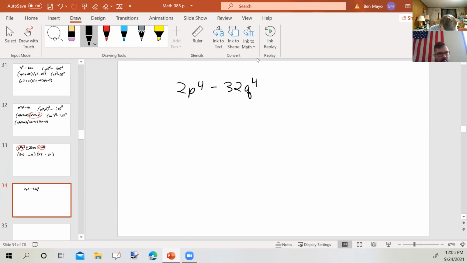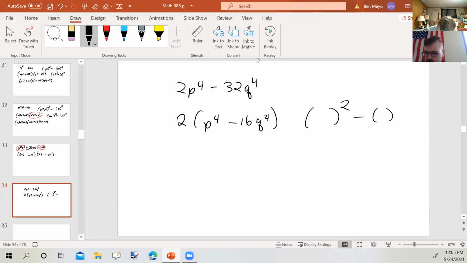Take out the greatest common factor. Just like that. But then this would be p squared minus 4q squared. p squared squared is p to the fourth. 4q squared squared is 16q to the fourth.